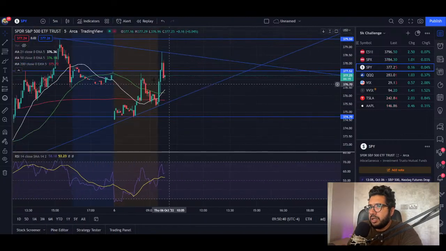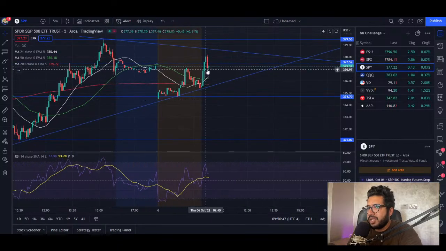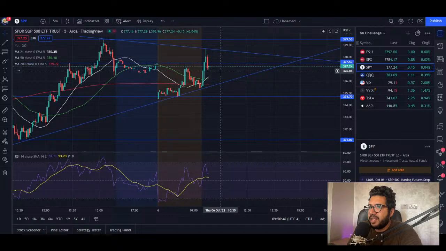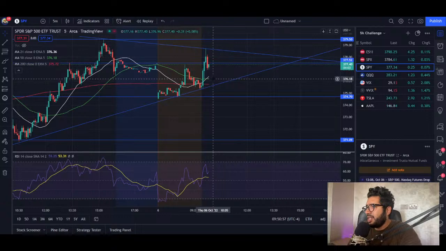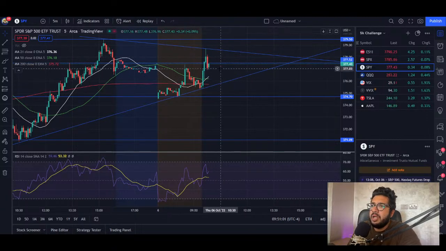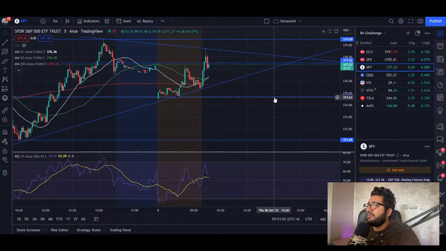Let's just zoom in. I want to see this being tested and I want to see this failing. If I see this failing, and this gets taken out, the end of these two candles, this is bearish. By the way, for my candlestick formation people, this is called a tweezer bottom candle, right? And again, this is a very powerful formation.